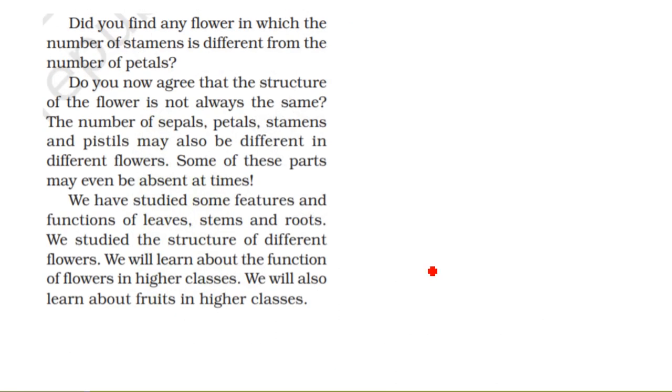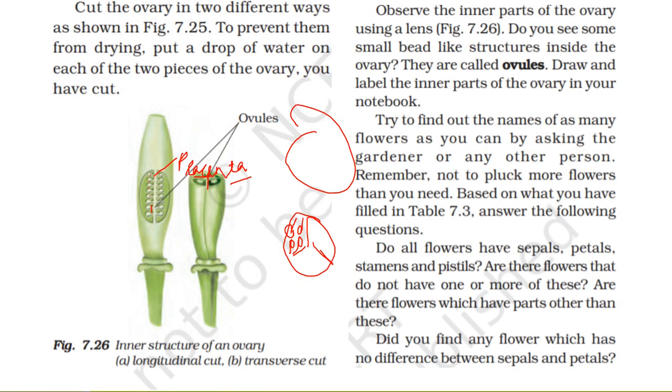Here, did you find any flower in which the number of stamens is different from the number of petals? If you observe a rose plant, you will observe there are a number of stamens present in it. On the other hand, the petals are somewhat less in number as compared to the number of stamens. In general, most flowers have 5 petals, 5 sepals.